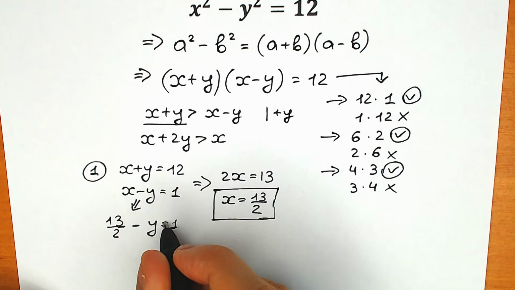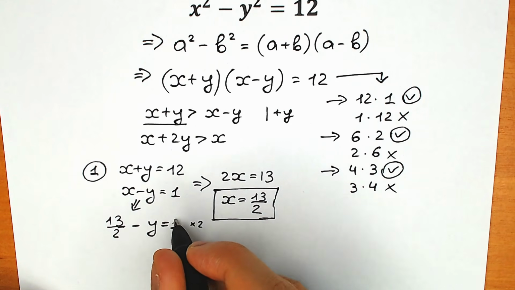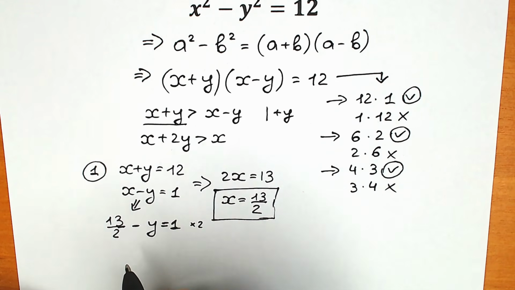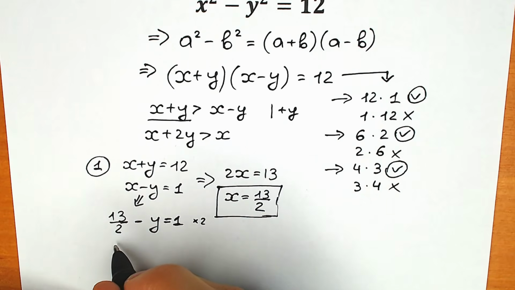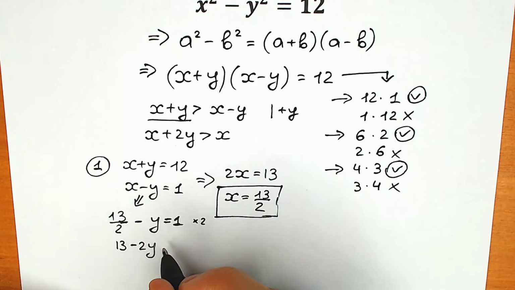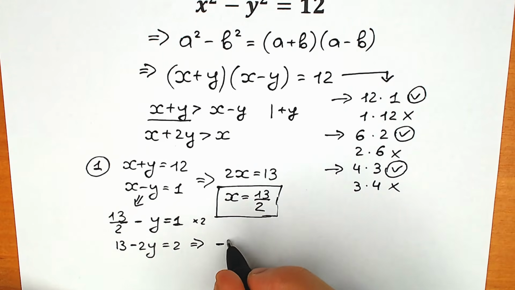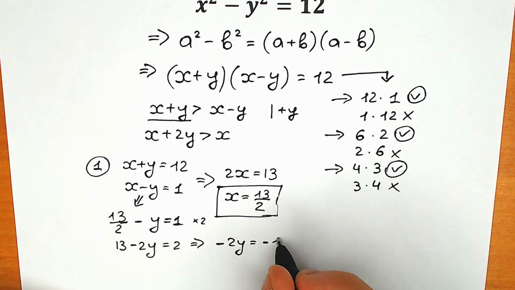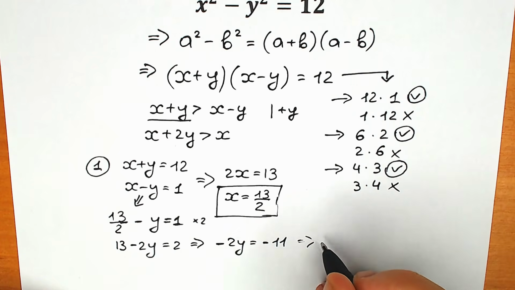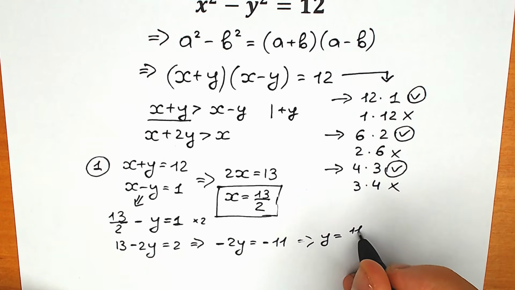Let's multiply this equation by 2. As a result, we have 13 minus 2y equal to 2. From here we have minus 2y equal to minus 11, and as a result, y equals 11 over 2.